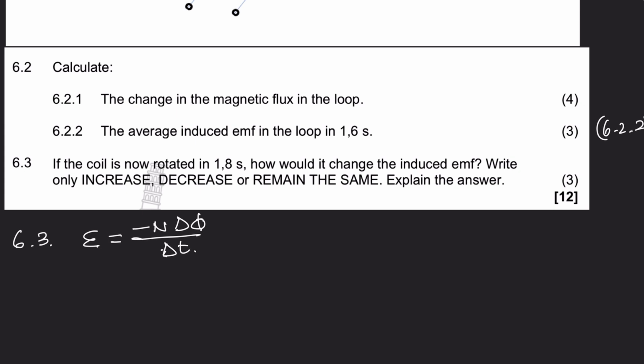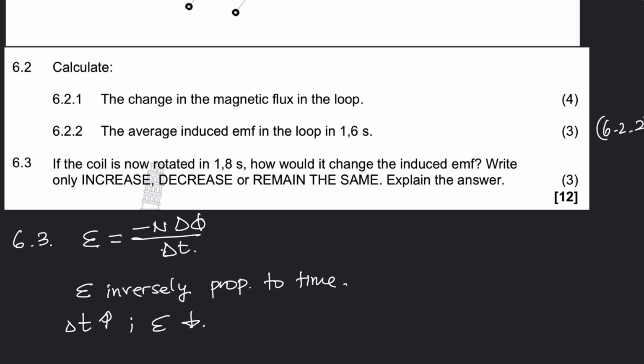Now, delta t is in the denominator, and this tells us that the EMF is inversely proportional to time. That means if the time increases, the EMF is going to decrease.